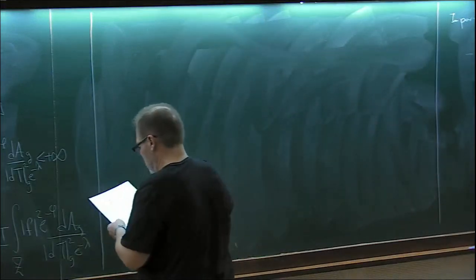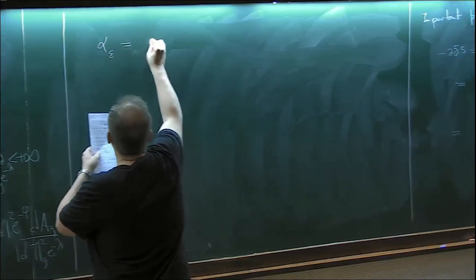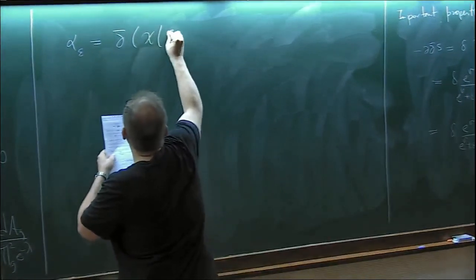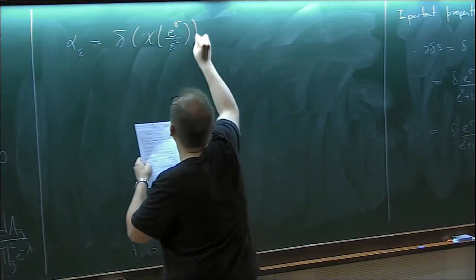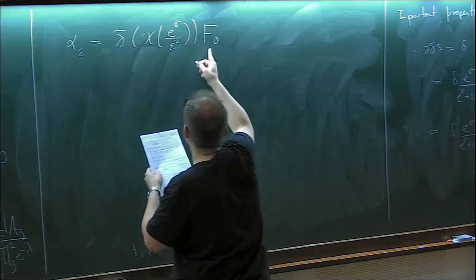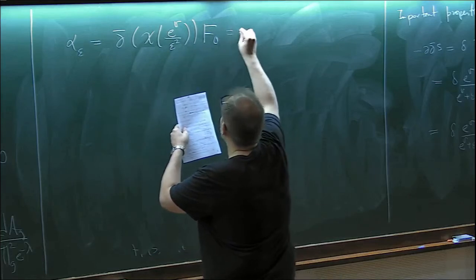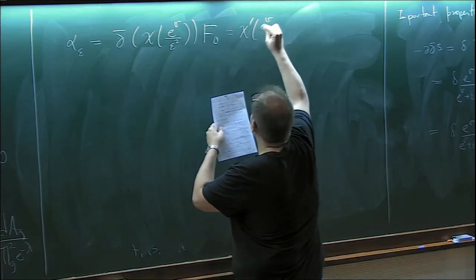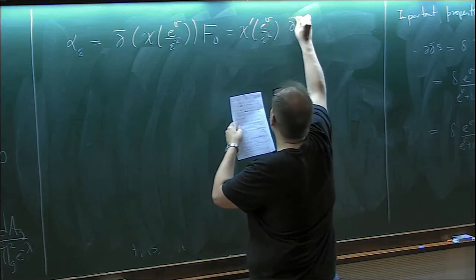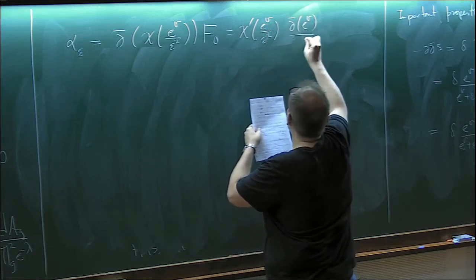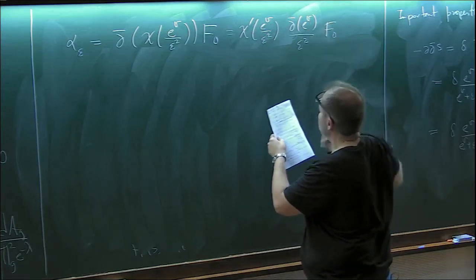Remember our form alpha sub epsilon, this was d bar of chi of e to the v over epsilon squared. Now we can express it in terms of this e to the v times f0. F0 is holomorphic, so d bar doesn't act on it. So this is equal to chi prime of e to the v over epsilon squared times d bar of e to the v over epsilon squared f0.